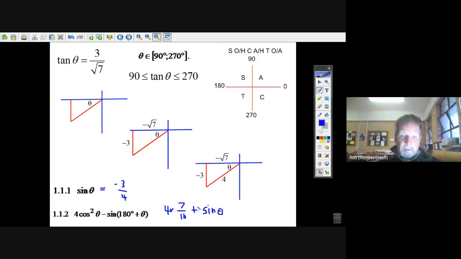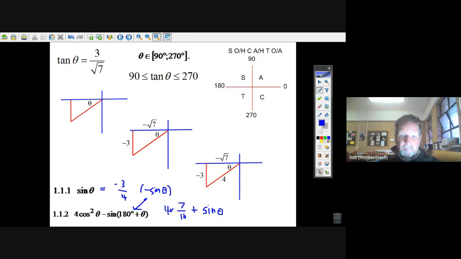You might have to show that it's definitely minus sine theta, because sine is negative down there. You go to where it is and see that you're in the third quadrant, but two minuses make a plus. And sine theta is minus 3 over 4.